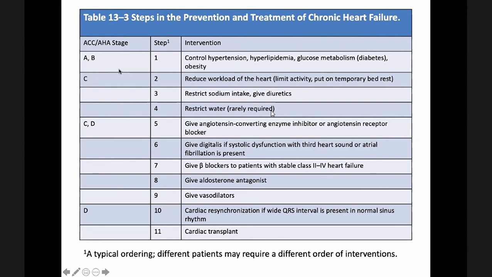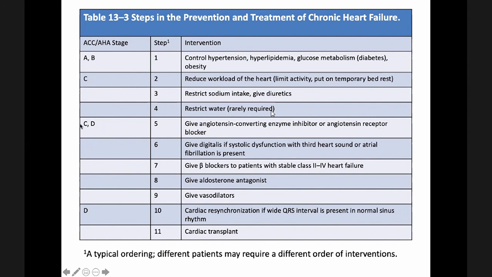Once the patient is already in stage C, so they are already symptomatic, you need to reduce the workload of the heart. So you limit the activity, you put the patient on temporary bed rest, you restrict their sodium intake, and you give diuretics to decongest your patients. You also restrict their fluid intake.